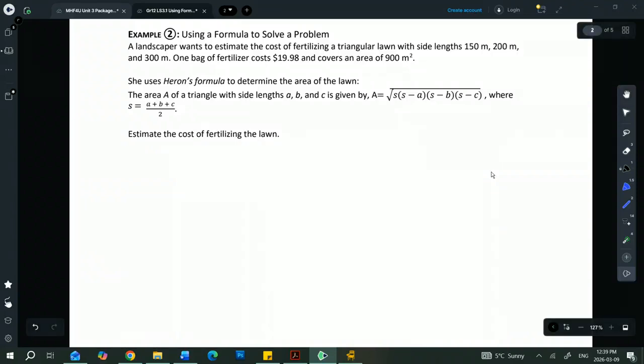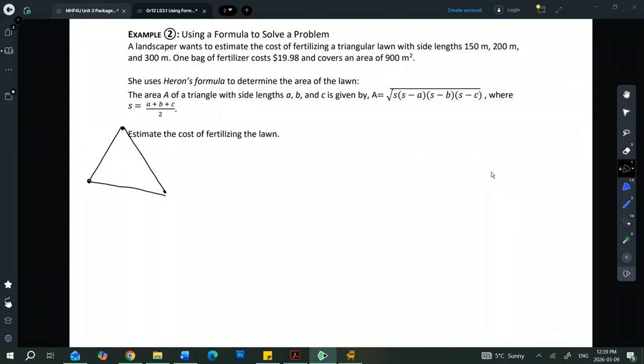Okay, so do we know A, B, and C in this case, the side lengths? What are they? Okay, so sometimes it's helpful just to draw a picture as well. So if we have a triangle, maybe we can just draw and label ABC on this, just so we have a visual.